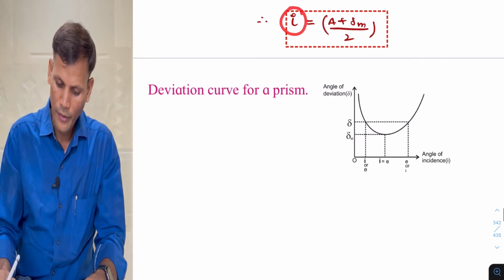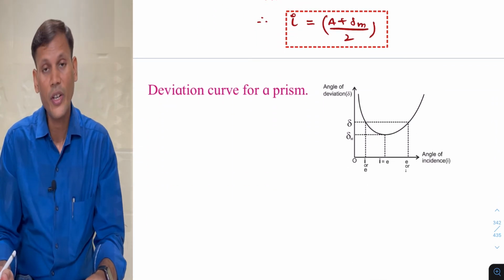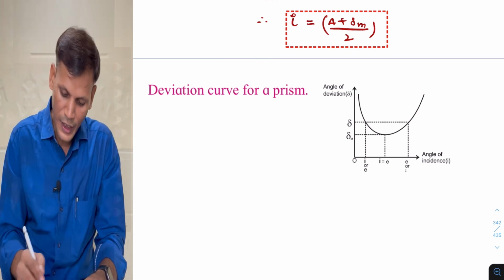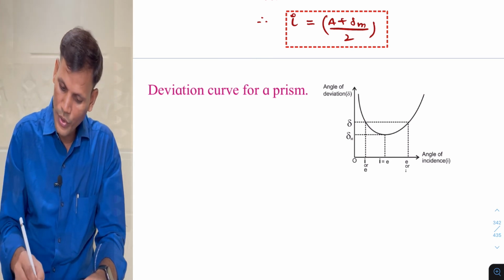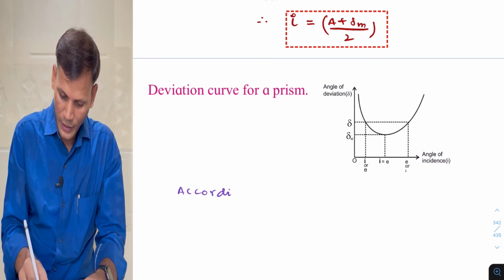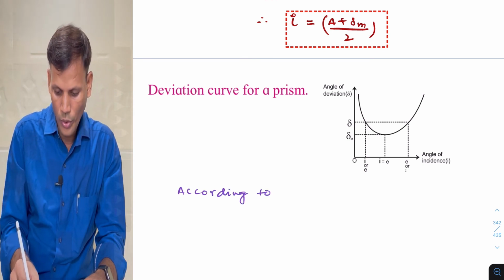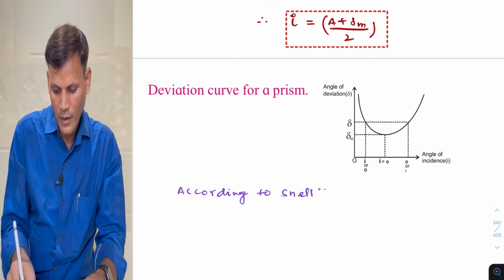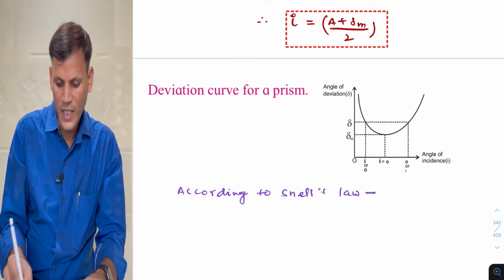So we know we have to derive the expression for the prism formula, and according to Snell's law, what is Snell's law?